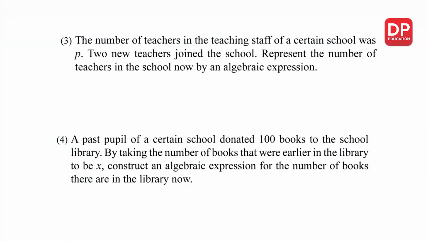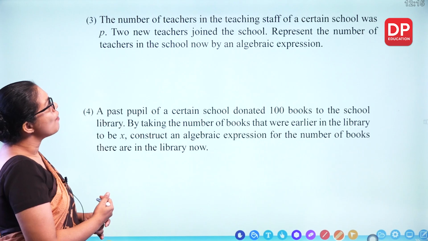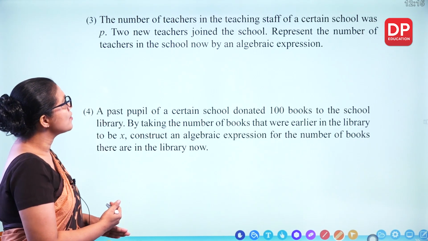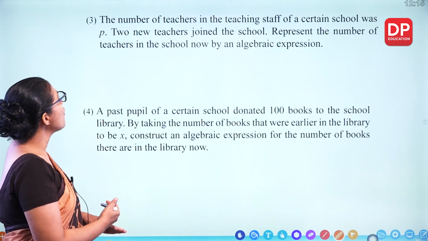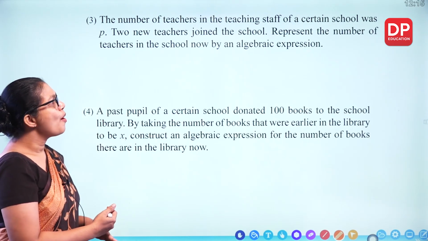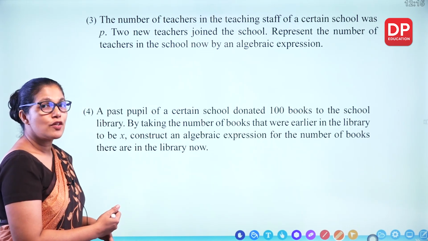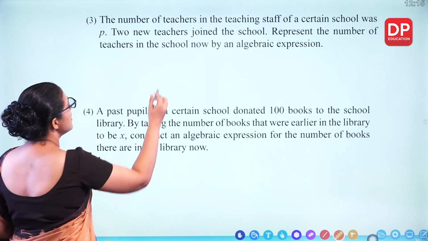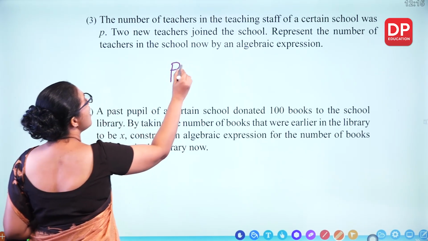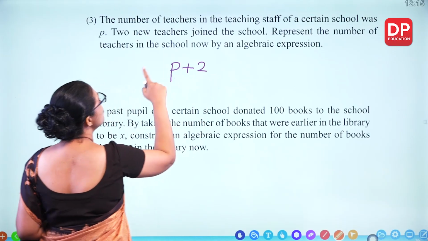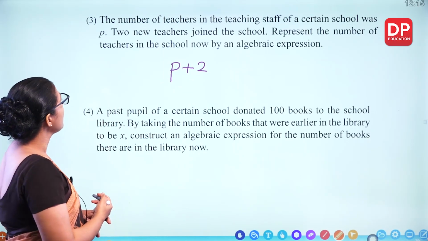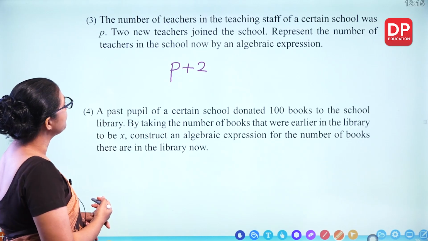The number of teachers in the teaching staff of a certain school was P. 2 new teachers joined the school. Represent the number of teachers in the school now by an algebraic expression. So we are adding another 2 teachers. P was there, adding another 2. This is the number of teachers now. P plus 2.